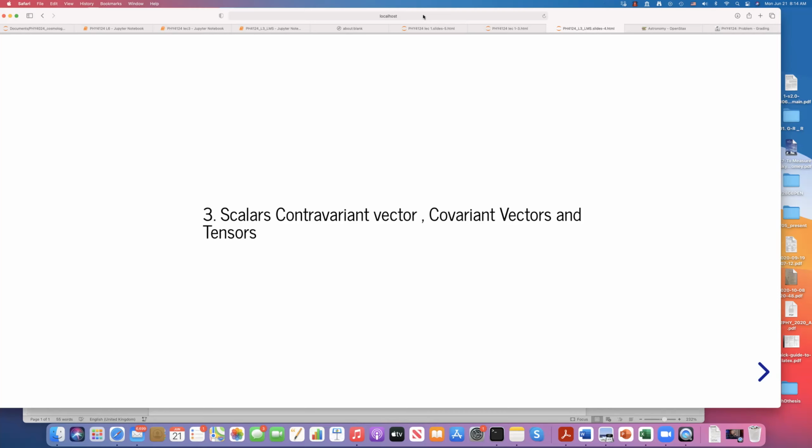Of course, you know what a scalar is, right? And also a vector, which we call a contravariant vector. And then there is a new word called covariant vectors. And then we will move on to tensors, right? So that will be the topic for today.